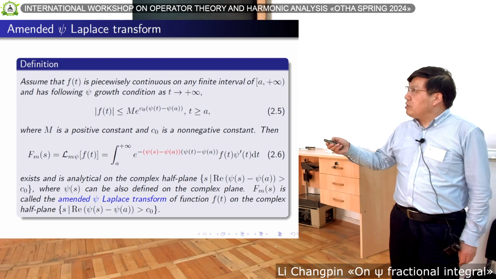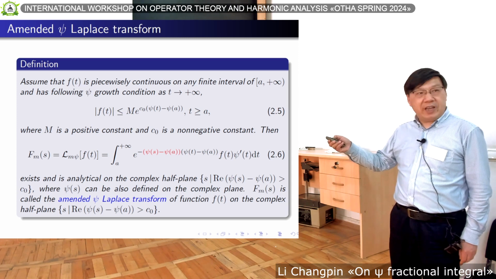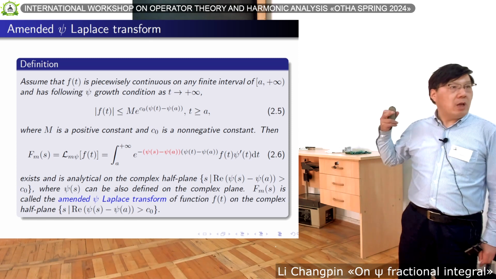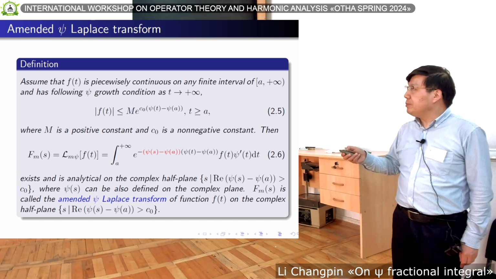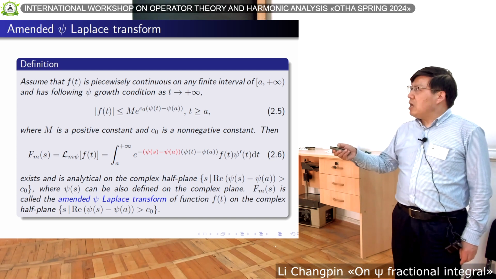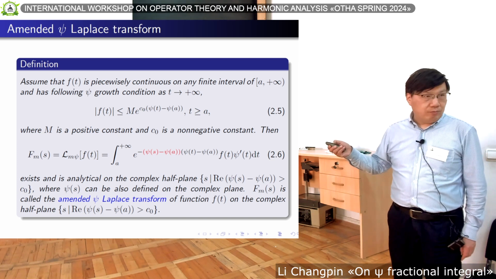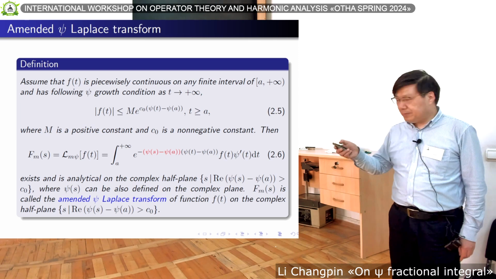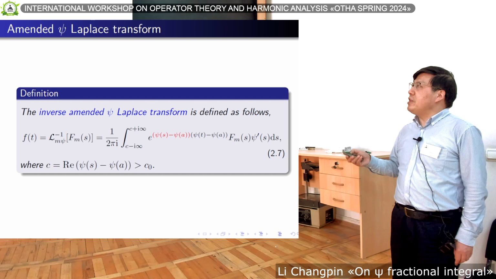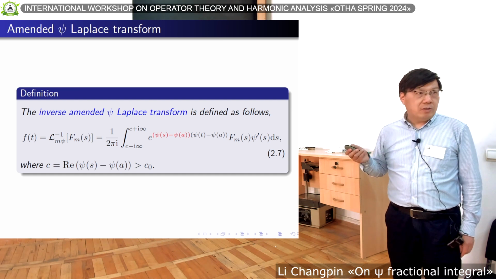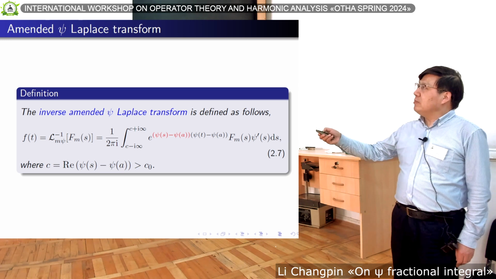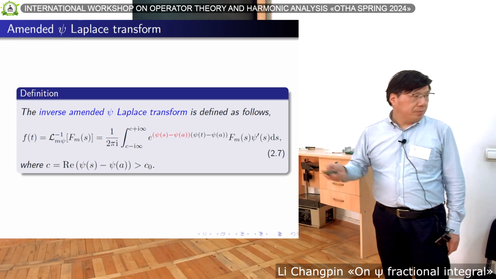Here we use psi(s) minus psi(a) instead of s, but we need a condition on psi(t). So this is called the amended precise Laplace transform. Then we can define the inverse transform like this.